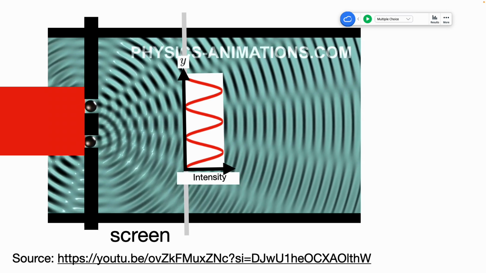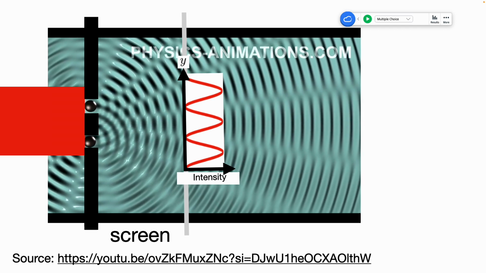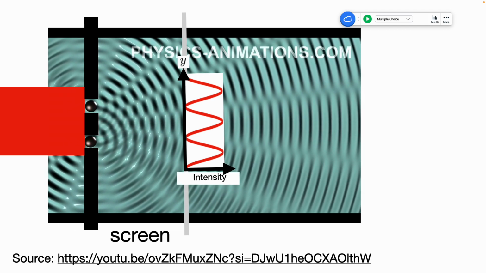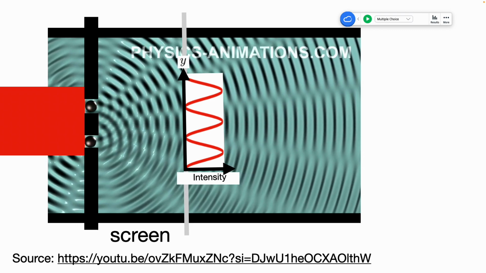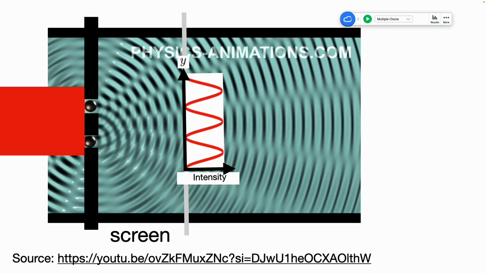Shouldn't the crest of the middle one be higher than the others? If you just look at the experiment, the intensity is not that different. It will be very different for a single slit.